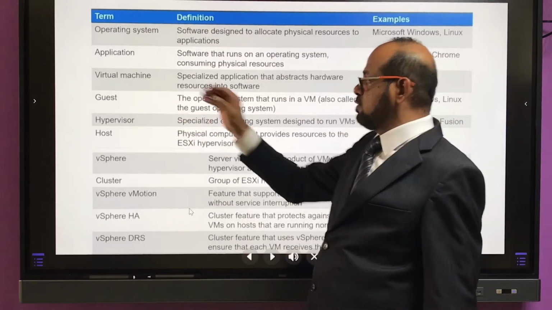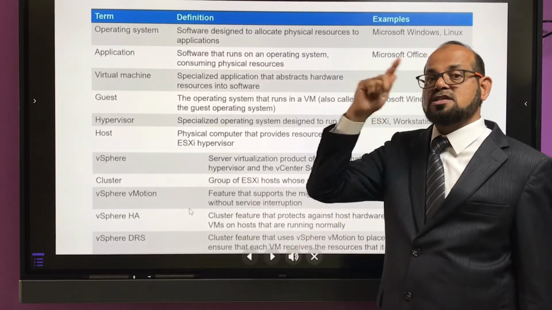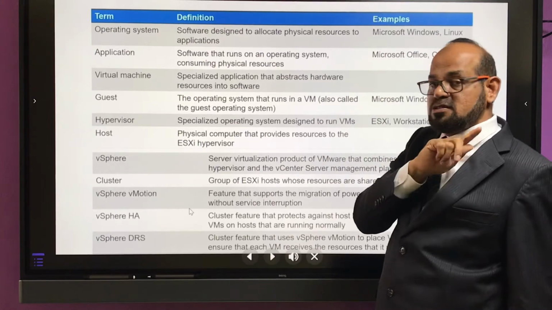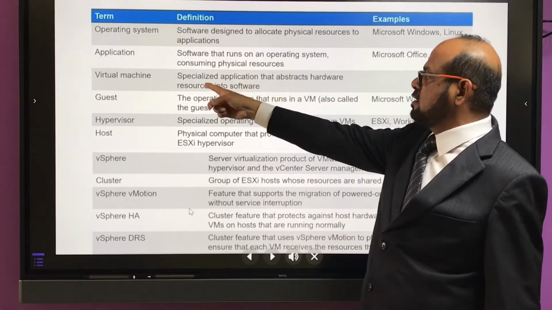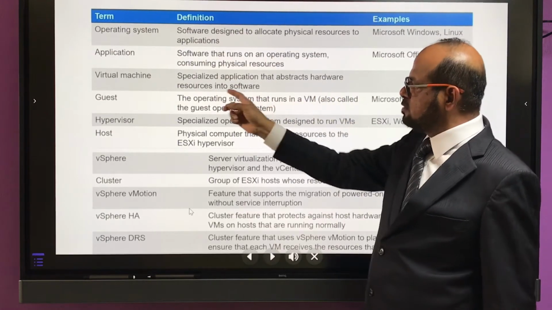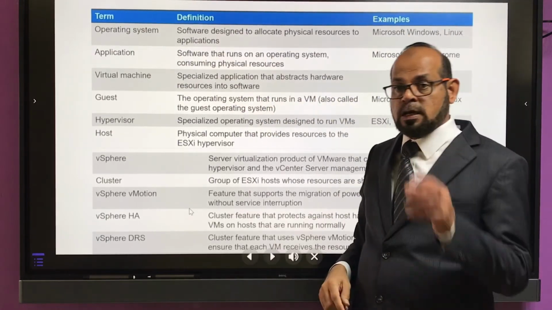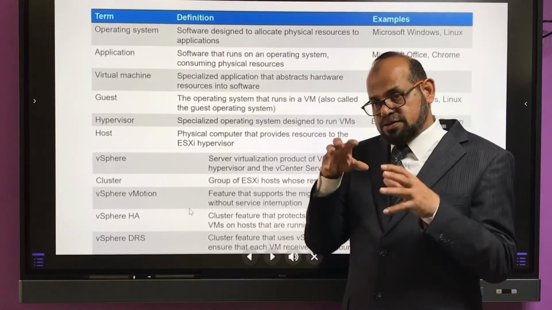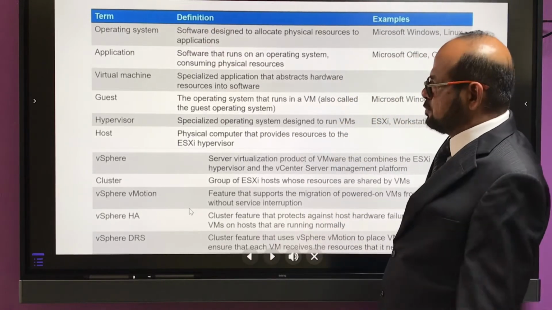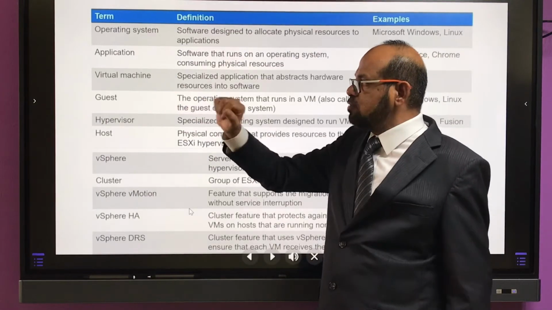What is a virtual machine? It is a specialized application. It's a file. It is not hardware. It is a specialized application that abstracts hardware resources into software. It pulls the physical hardware resources and gives them to you as software resources. That is called a virtual machine.